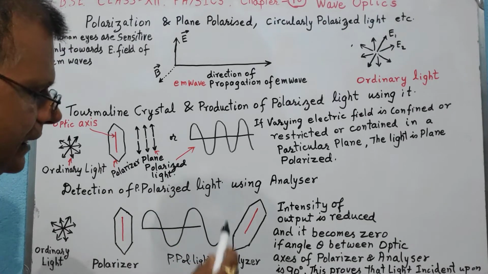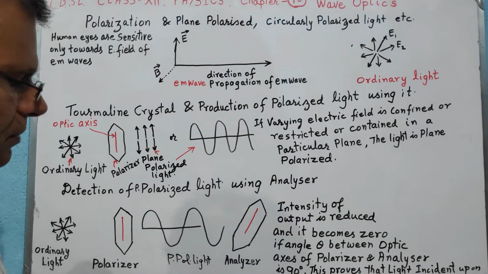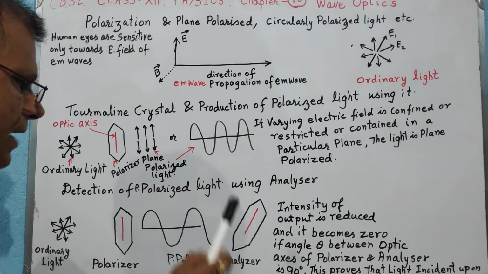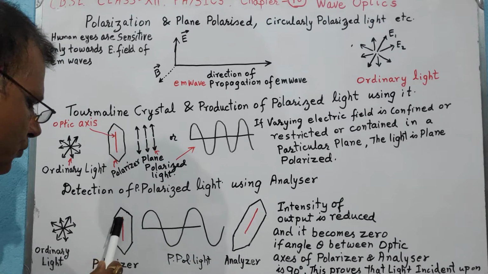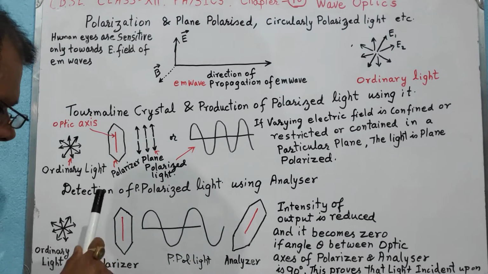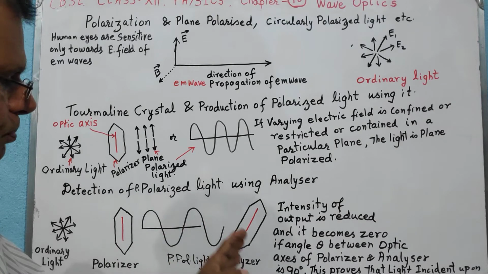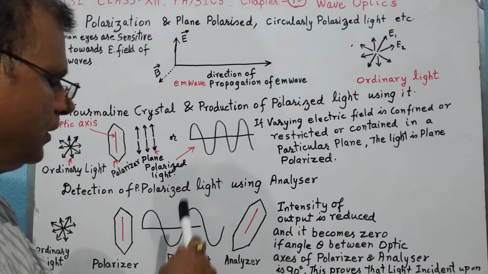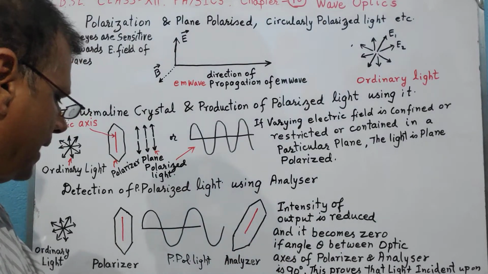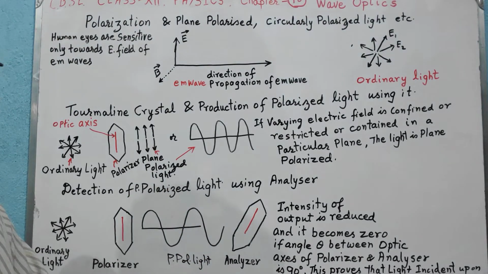And if that is further allowed to pass through another tourmaline crystal, the analyzer, which has its optic axis at a particular angle with respect to the optic axis of the polarizer, then the light emerging out of the analyzer will have lesser intensity as compared to the light which was incident upon it.